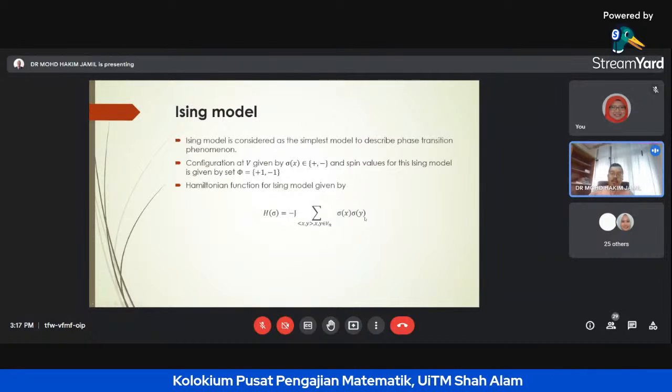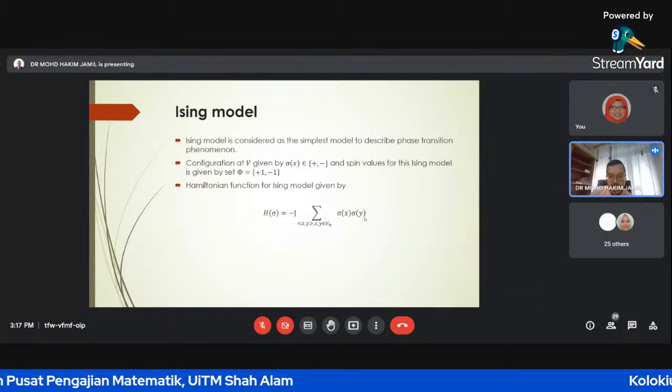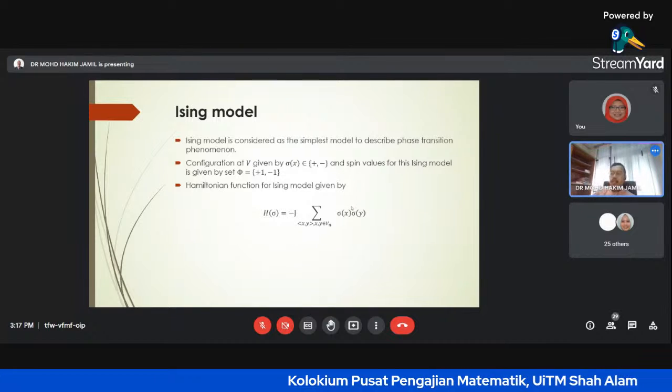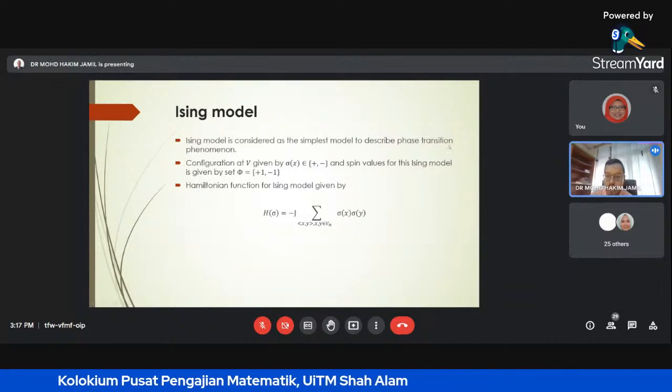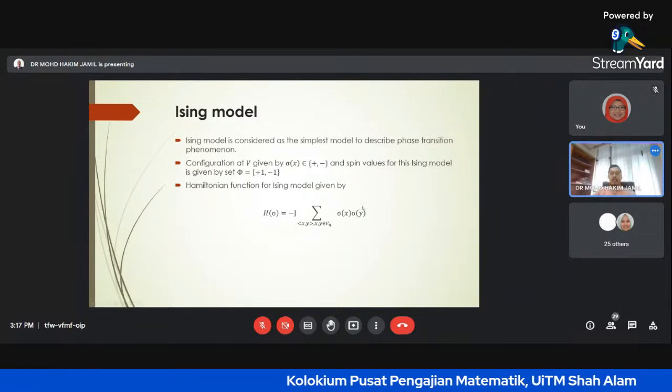So we have different configurations on the Cayley tree, and the interaction between the configurations in the spin values is given by multiplying sigma x times sigma y.